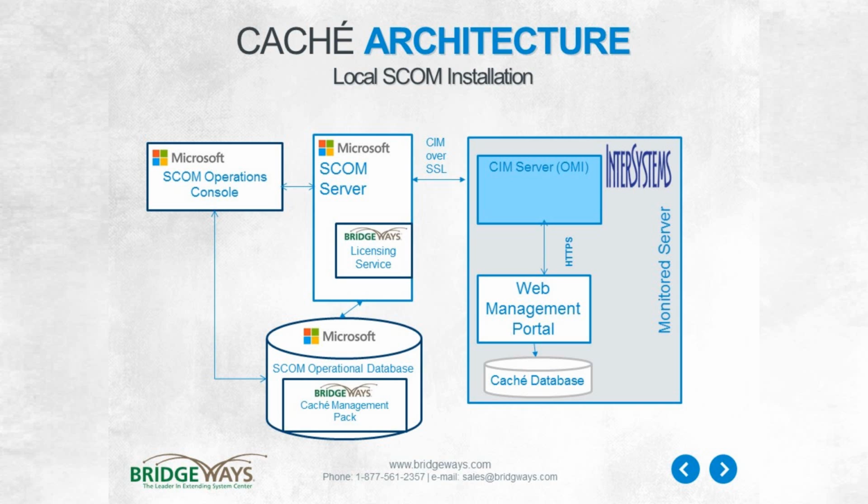So we read that data for health and performance metrics. The same data, by the way, that you see if you're using your InterSystems Cache system management portal tool, very same metrics. And we pull those metrics, send them over to the SCOM server where they're stored in an operational database and data warehouse, and then displayed graphically for you. So that's the local install. You install the MP and deploy the provider.